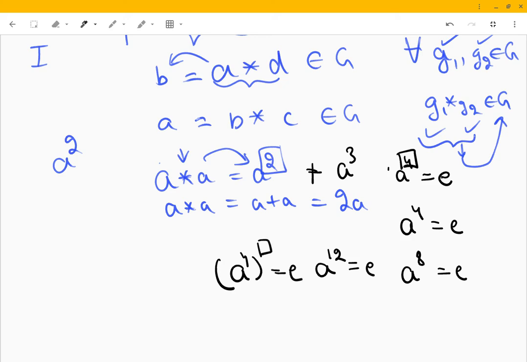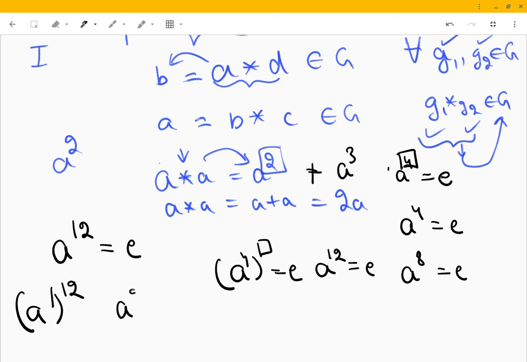So if you see somewhere that A12 is E, you cannot conclude that the order of A is 12. Order of A can be 1, because it can be something like this.